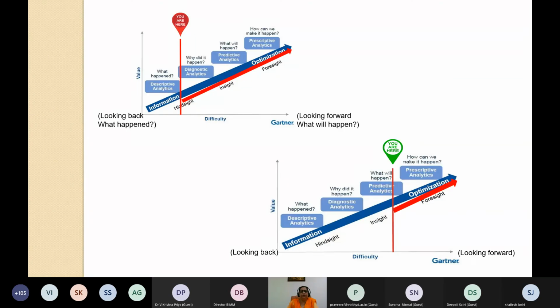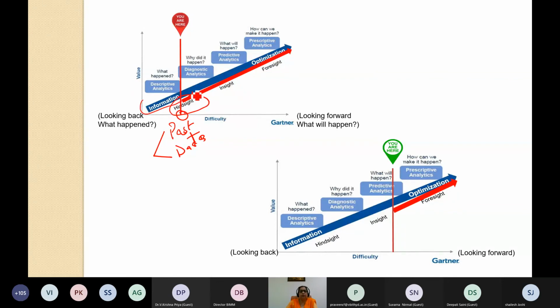So let's say there is a company which is still at the first stage, wherein they only have the past data, the data about what has actually happened. So that is hindsight.